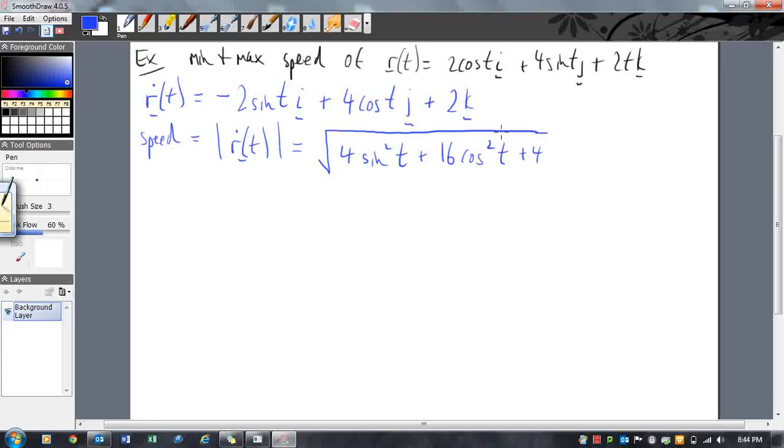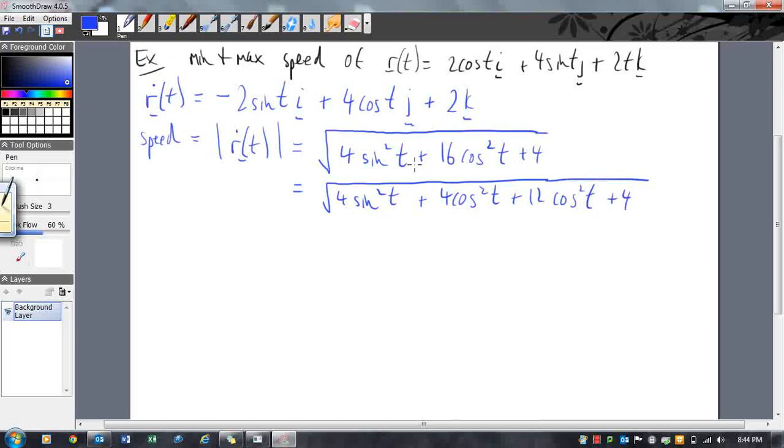Great. Now let's see if we can simplify this a little bit. What we've got there is, I'll write it out, 4 sine squared t plus 4 cos squared t plus 12 cos squared t plus 4.